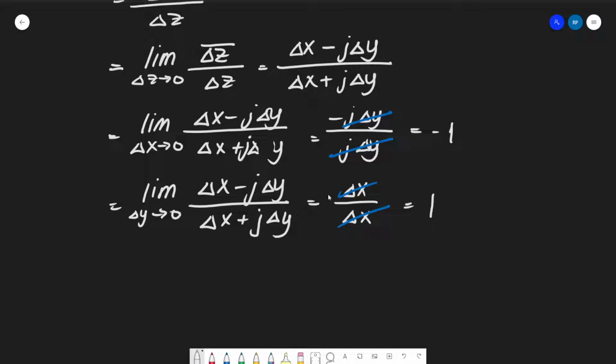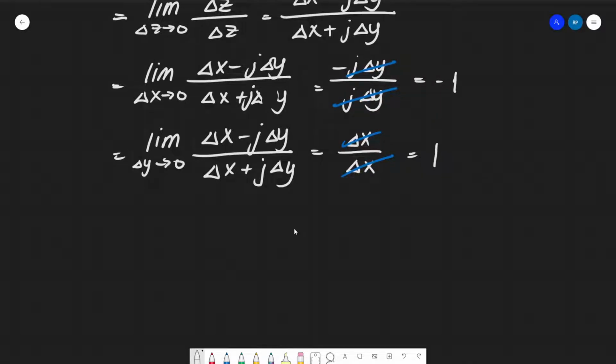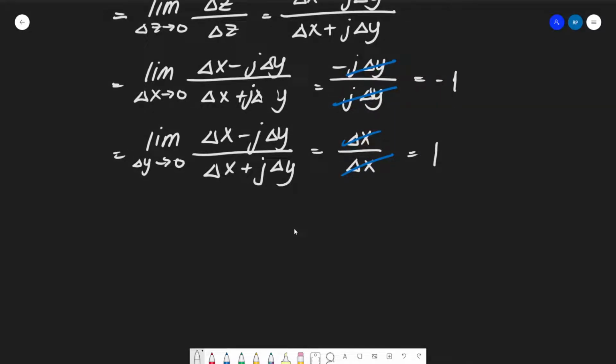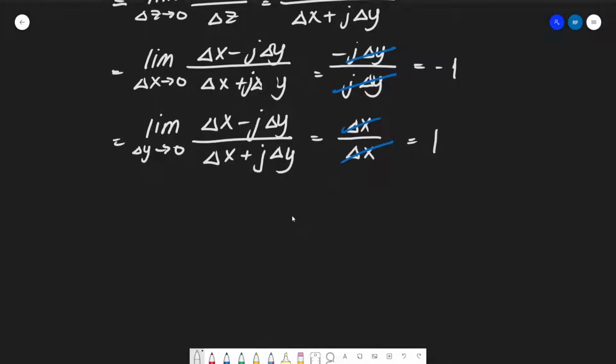Now, the question is whether the limit of the function as delta x approaches 0 is the same as the limit of the function as delta y approaches 0. Essentially, is negative 1 equal to 1?